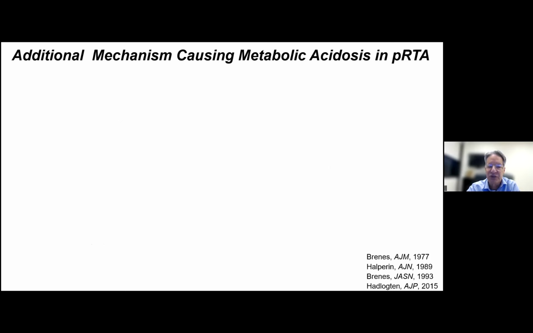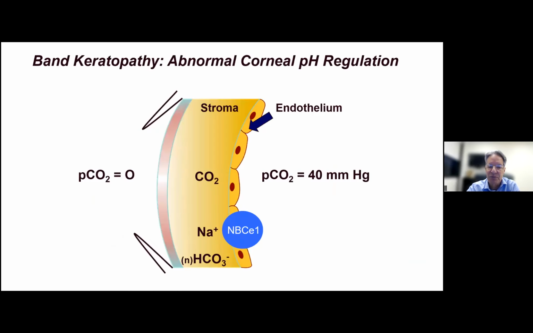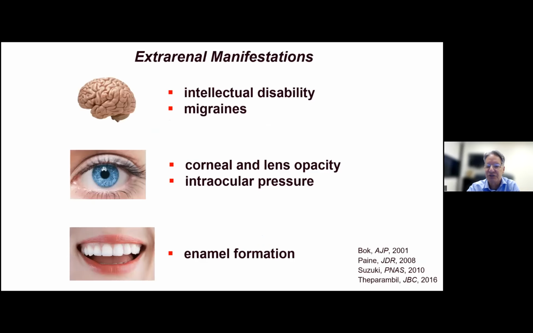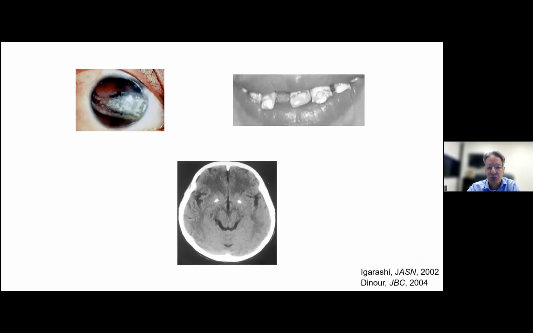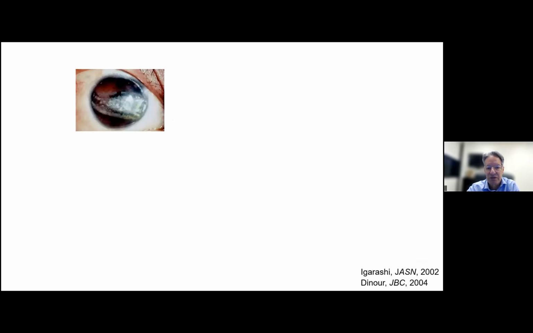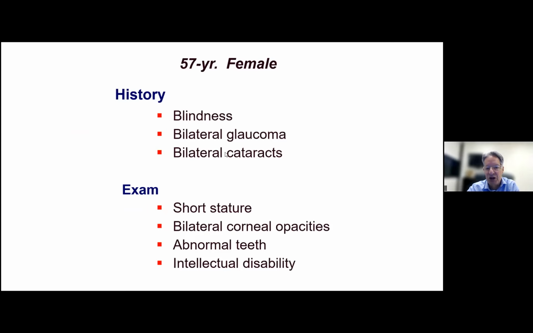The key for the exam for these type of patients is that they have extrarenal manifestations. And when there's nothing else in medicine that would cause these abnormalities, if you see a patient with this phenomenology, there's only one thing in medicine it can be, and that's proximal RTA due to NBCe1A mutations.